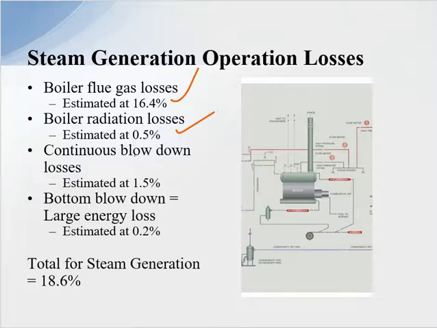Continuous blowdown losses from skimming the surface of the boiler drum level, 1.5%, and boiler blowdown, the bottom blowdown, 0.2%. Total generation losses, 18.6%. Now, the boiler efficiency is done by PTC 4.1, which is really true boiler efficiency, which takes everything into consideration.